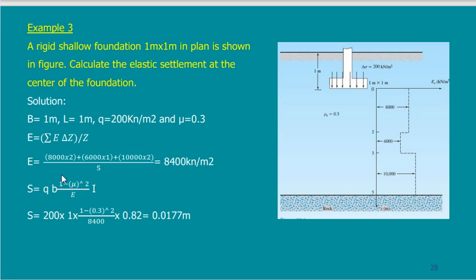Then in this case I will have to calculate an equivalent E, because I don't have one E. E is different for this and this and this.